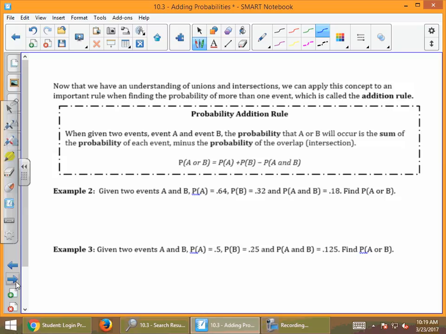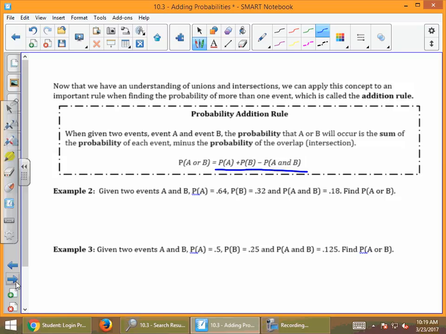Okay? Whenever you see the word or and you're finding the probability, your instinct should be to write down that formula. So if you're finding the probability of A or B, you do the probability of the first thing plus the probability of the second thing minus the probability of both things.